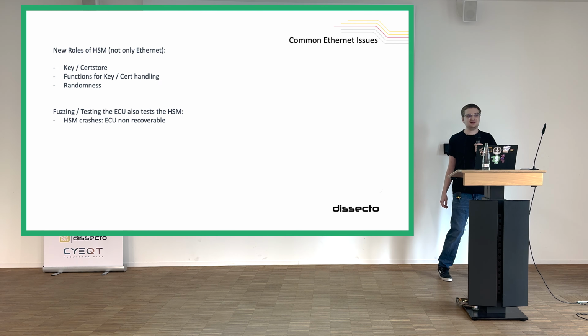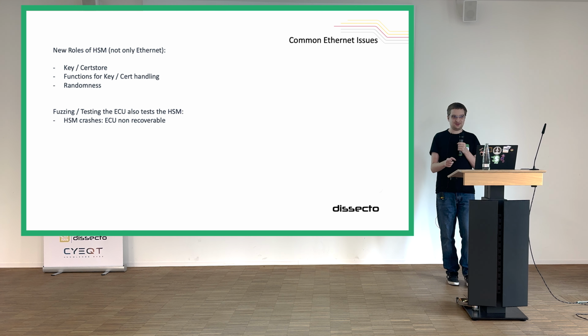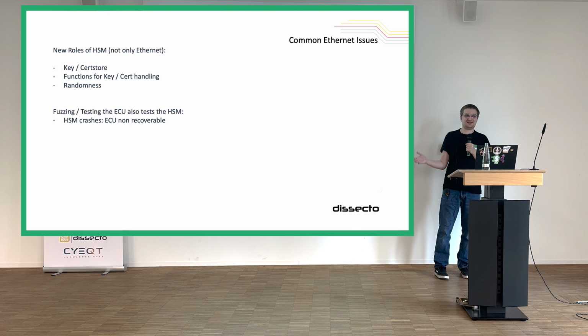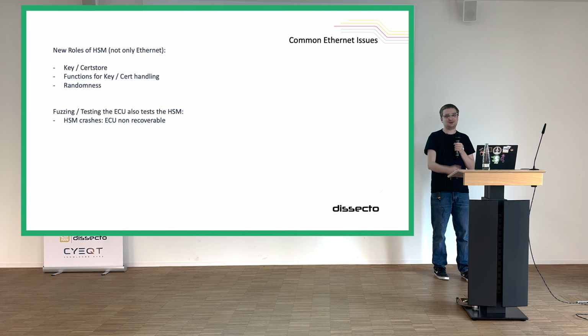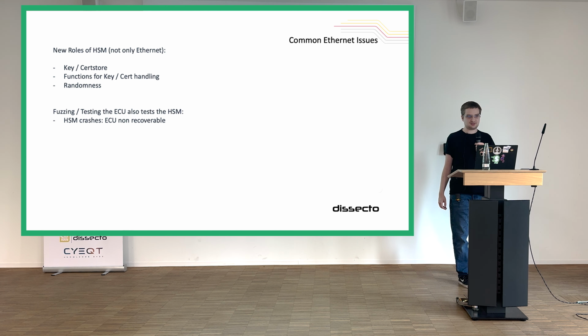If you test over the network, for example, you send 10,000 certificates, you also test the HSM. If you break the HSM, the ECU most of the time is non-recoverable, because now you have locked JTAG, can't debug, and you just locked yourself out because you can't debug over Ethernet. So this can also be an issue in case of crashes.